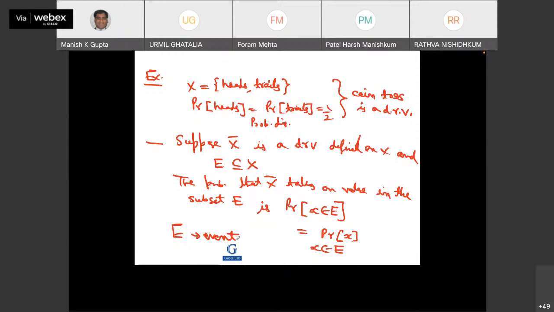So if X bar is a discrete random variable, and E is a subset of X with a probability distribution there, then that is an event.